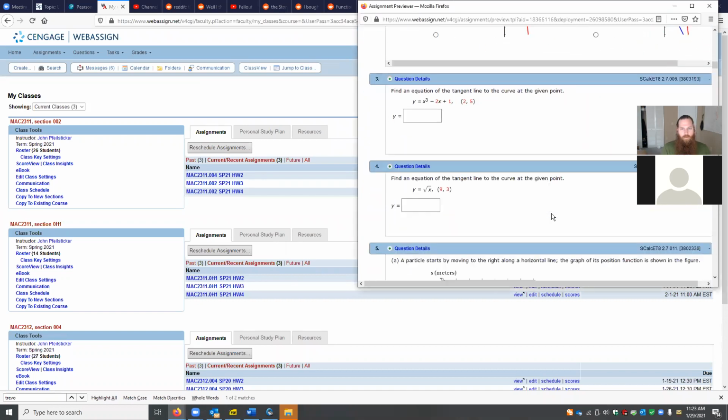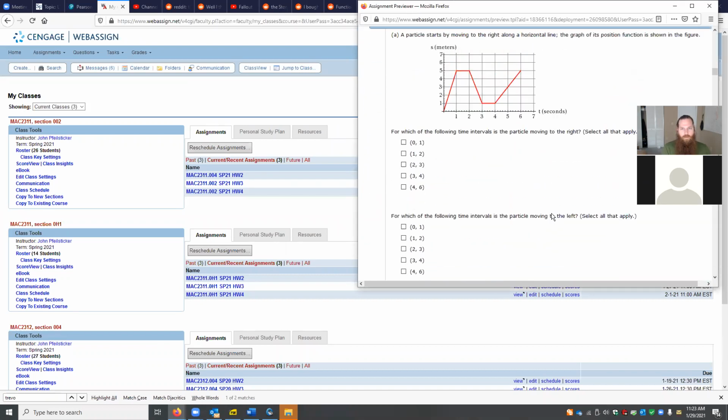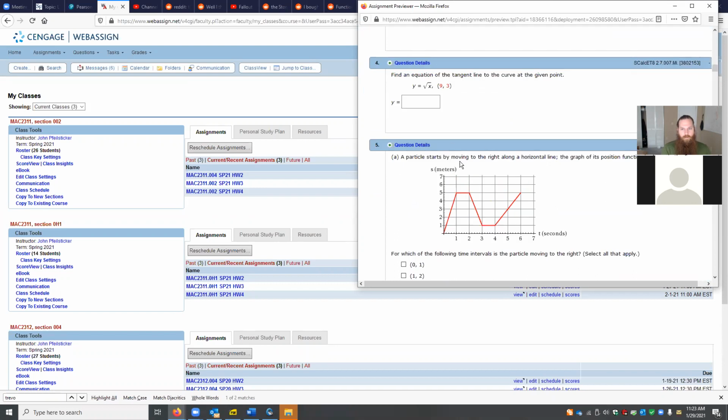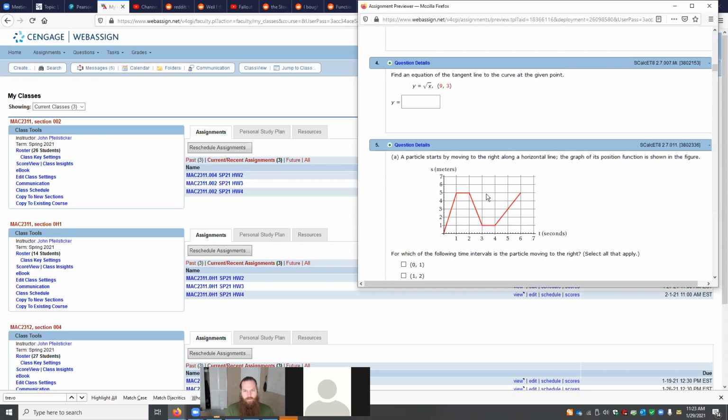So somewhere here, right? This is the position, and we're asked to state the velocity. So let me do my best to copy this down. So this is s of t, and this is my t-axis.